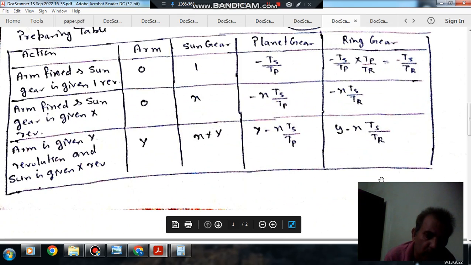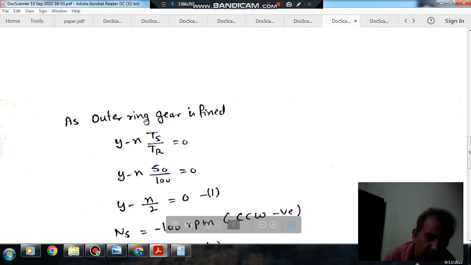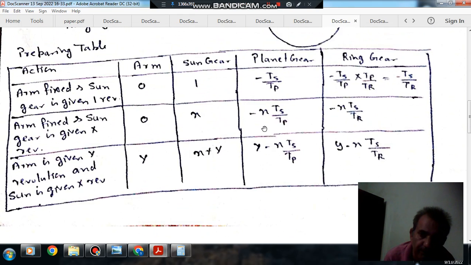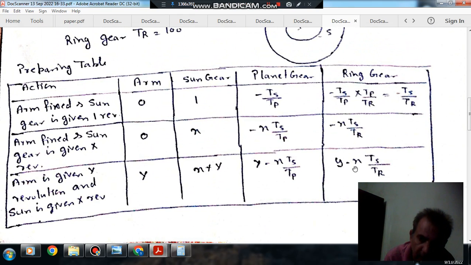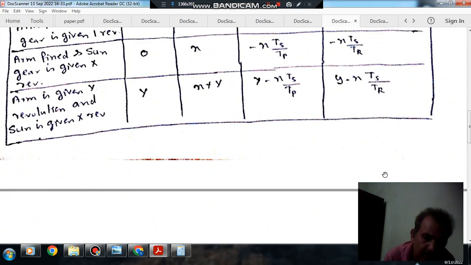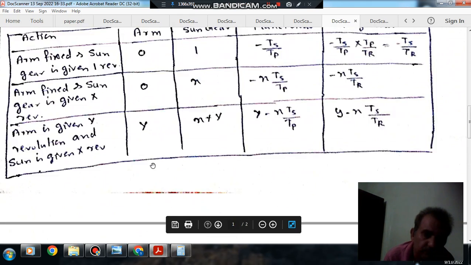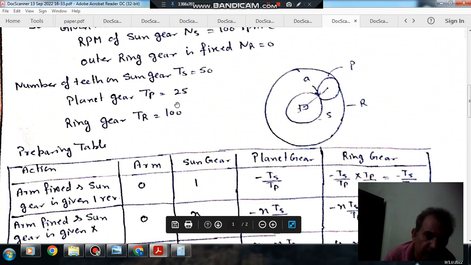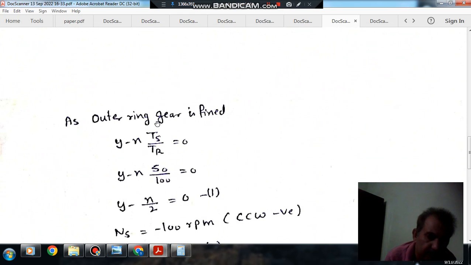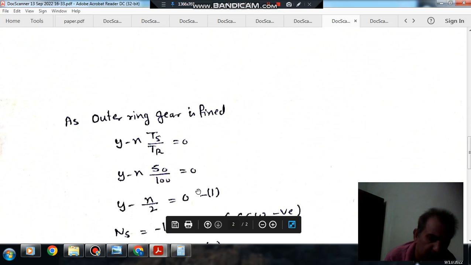According to the given condition, the outer ring gear is fixed, so Y minus X TS by TR is 0. TS is 50 and TR is 100, so Y minus X by 2 is equal to 0, equation number 1.